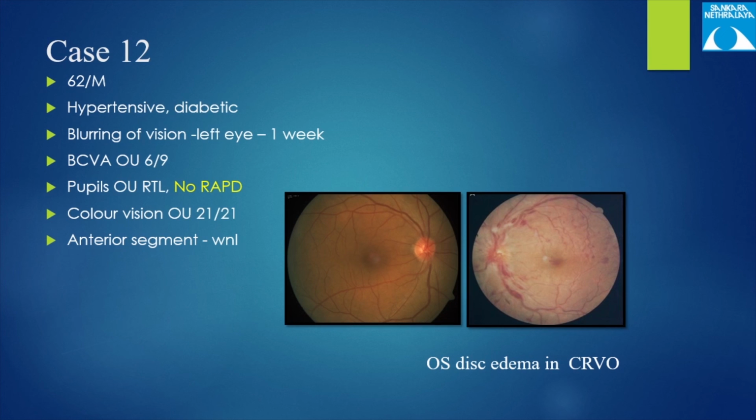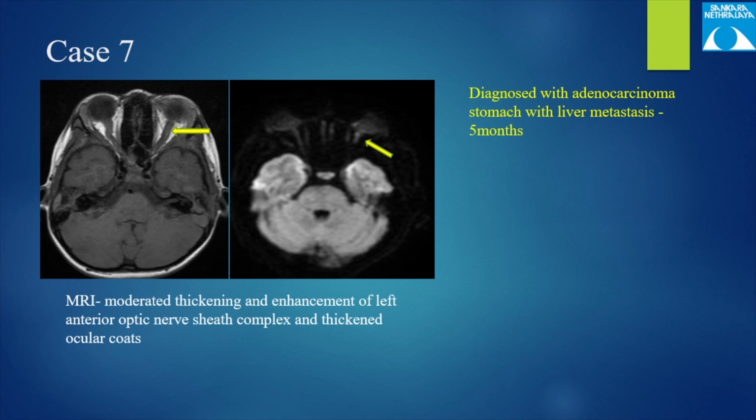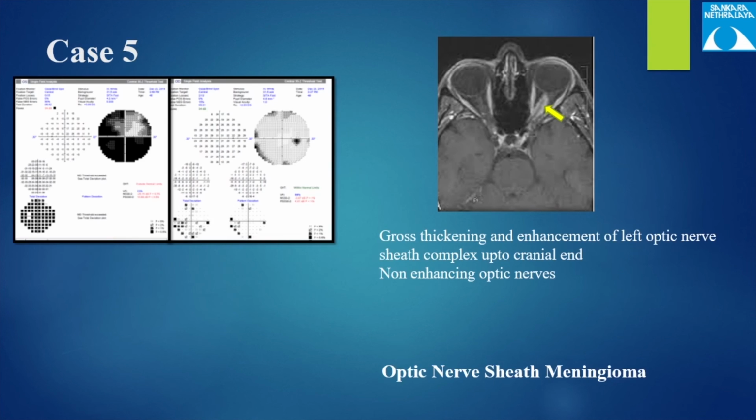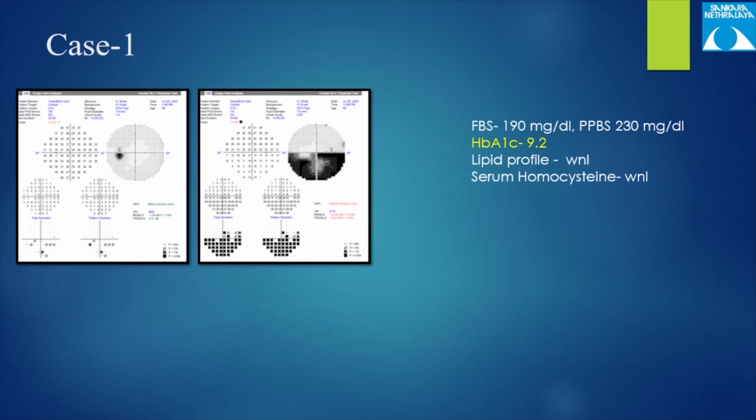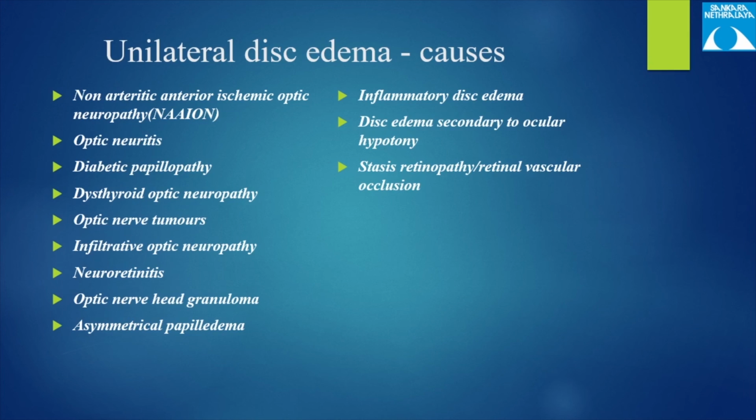NAION, diabetic papillopathy, optic neuritis, optic nerve sheath meningioma, optic nerve head granuloma, infiltrative optic neuropathy, CRVO, hypertensive retinopathy, inflammatory disc edema, neuroretinitis, dysthyroid optic neuropathy, compressive optic neuropathy, and atypical papilledema. Asymmetrical papilledema.